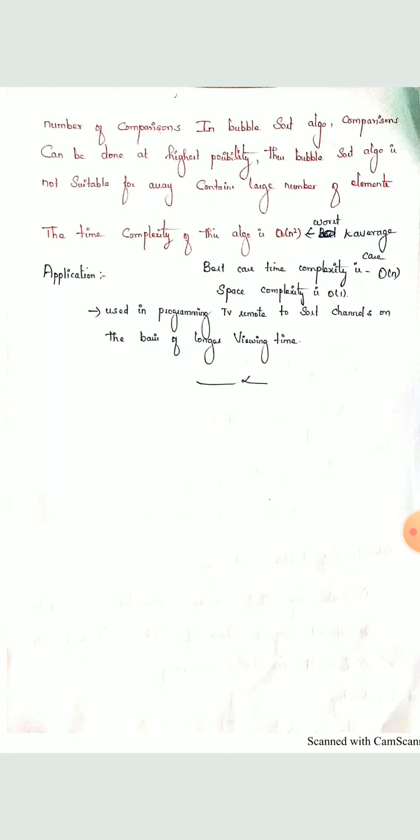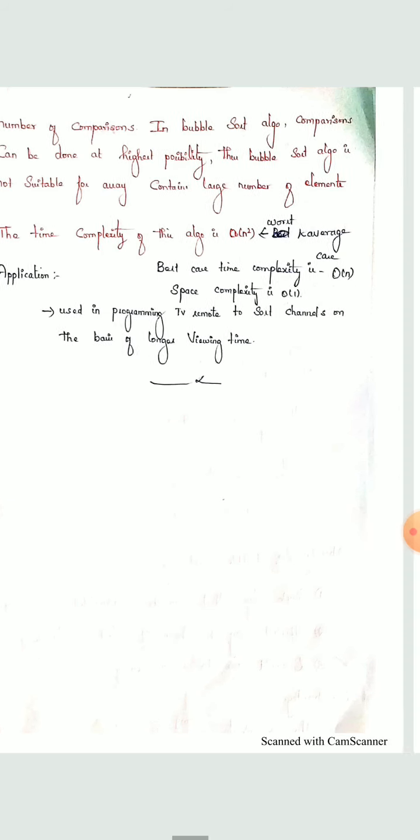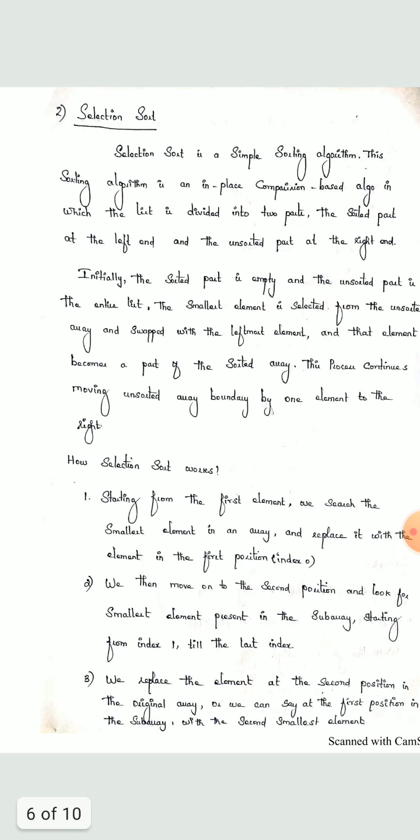So that is big O of 1, the space complexity. The application where bubble sort is mainly used is in TV remote programming. They use the bubble sort technique to sort the channels based on the longer viewing time, right? So that is one of the main applications of our bubble sort.